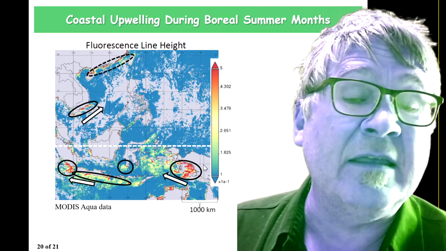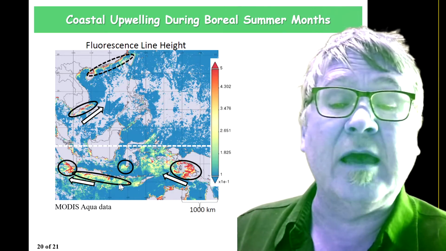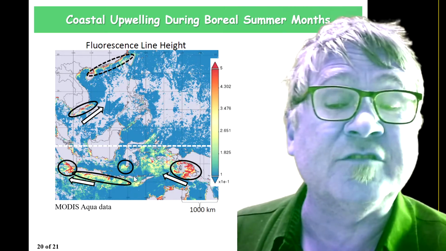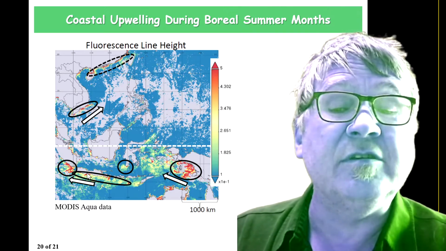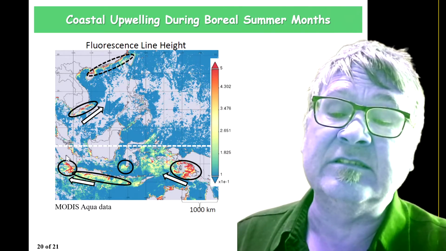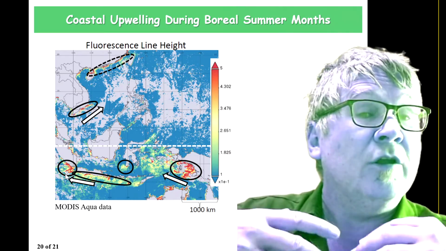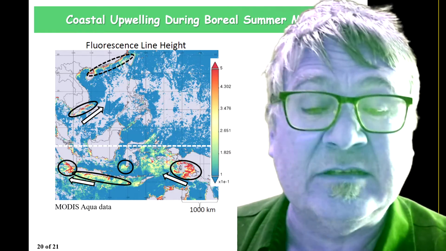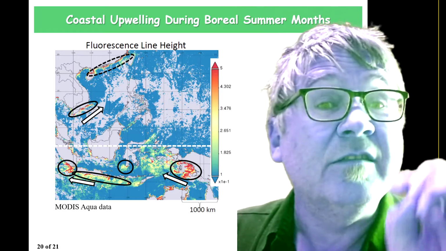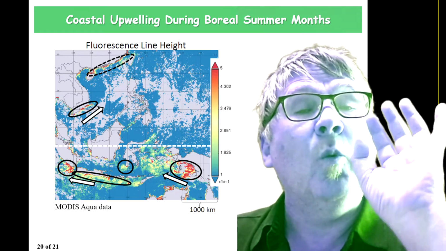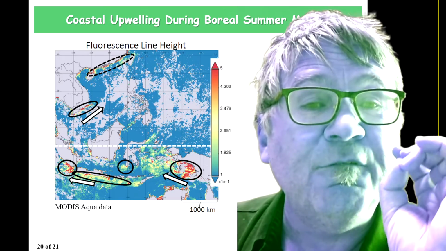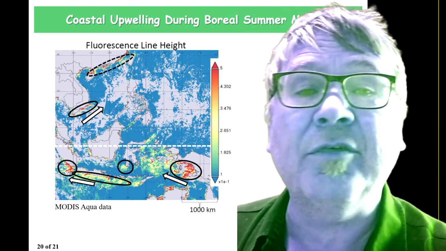I'll explain this to you. And there's also upwelling here along the coast of Java. And sometimes you get strong upwelling along the southwestern coastline of Sumatra during Indian Ocean dipole events, positive events. Okay, and this partly explains why you have such a high fish production in the South China Sea.